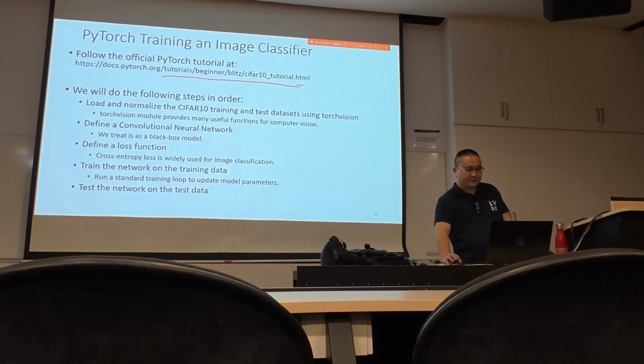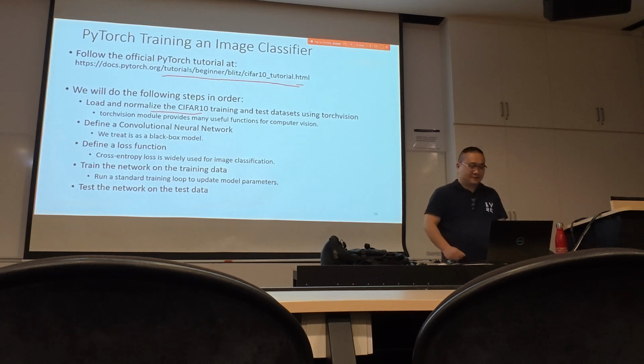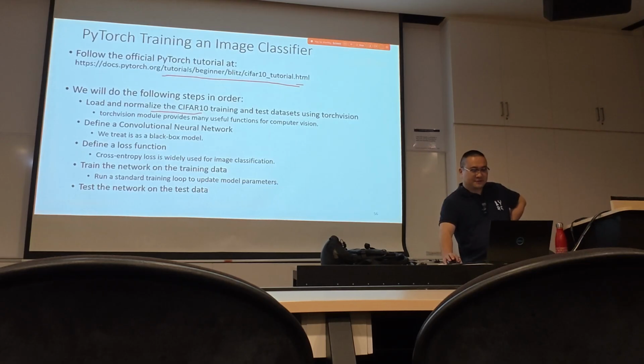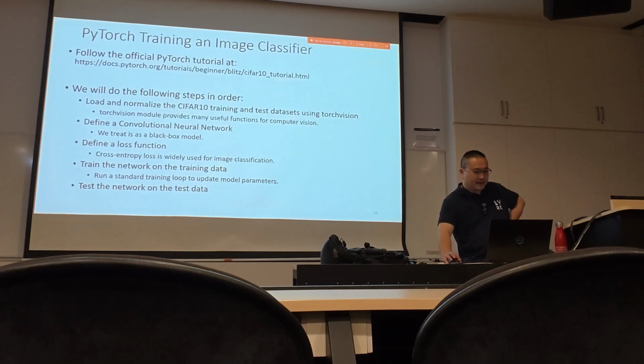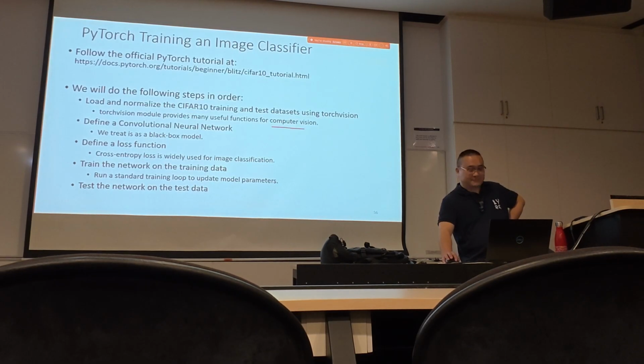First of all, we load the dataset, and then we process it. Normally, given the images, we do not directly input them to the model. We need to normalize the images. We do the same for training and testing. Basically, we don't need to develop the functions ourselves. We just call the APIs, for example the APIs in Torchvision, which provides a lot of useful functions for computer vision tasks.